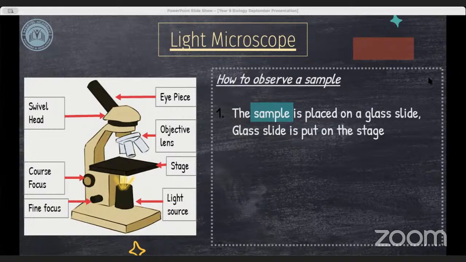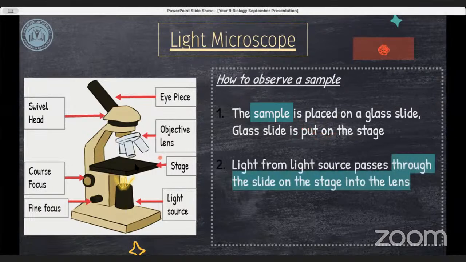Maybe we want to check some plant leaves, so we can place that sample here and observe. Then we place it here where the slide goes.